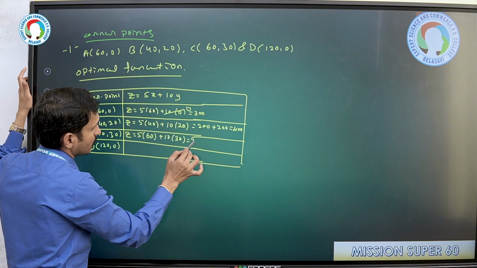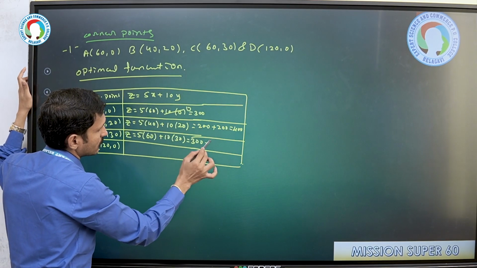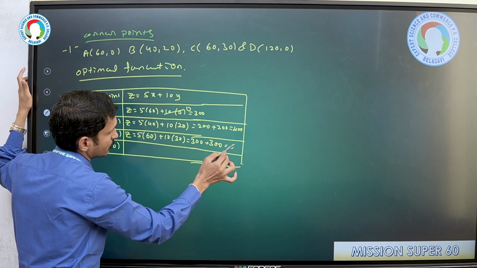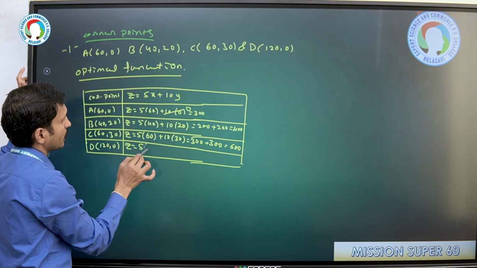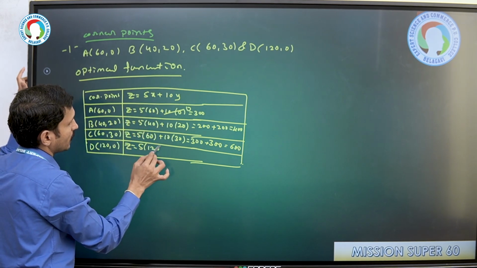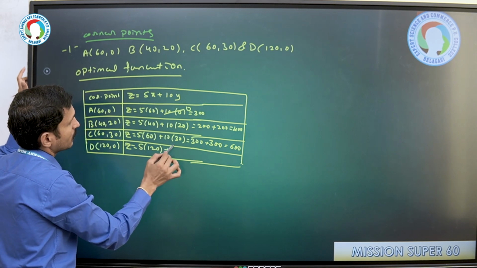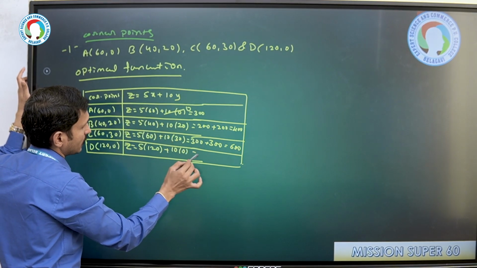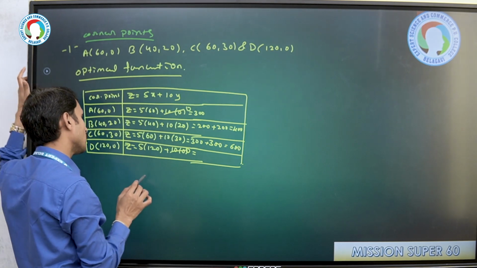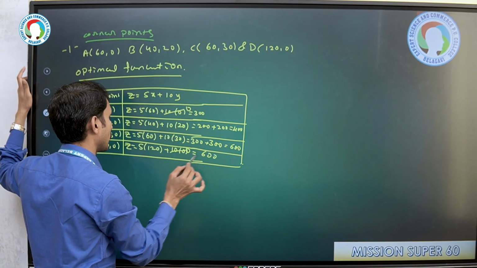That is 300 plus 300, that is equal to 600. Last one, Z is equal to 5 into 120 plus 10 into 0. So that is equal to 600.